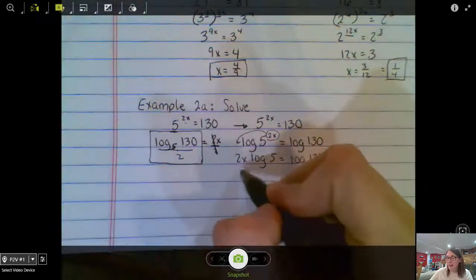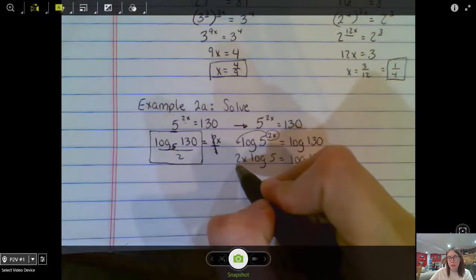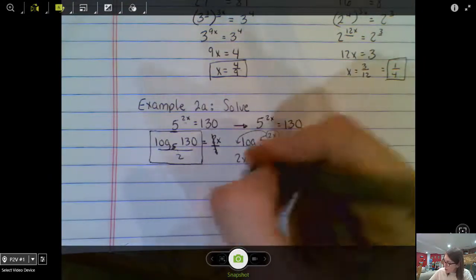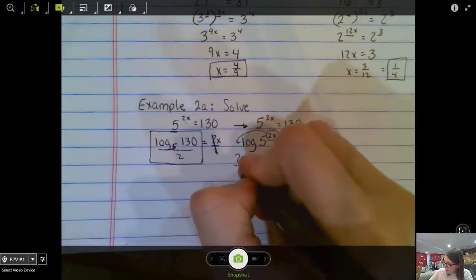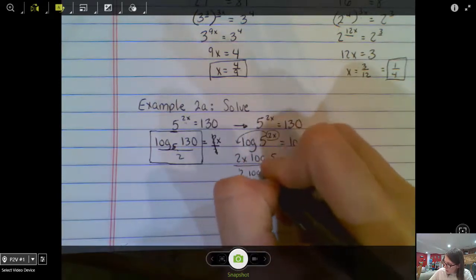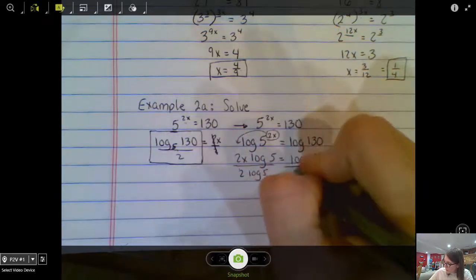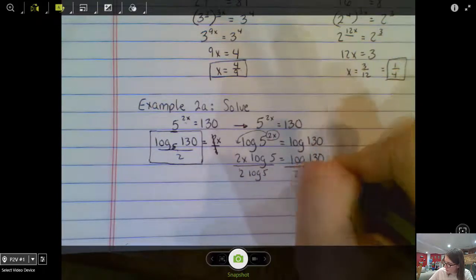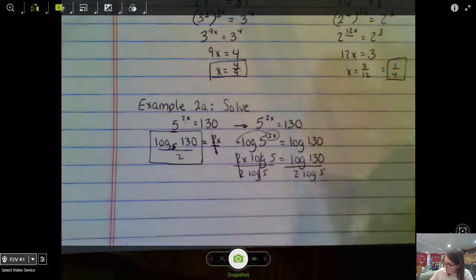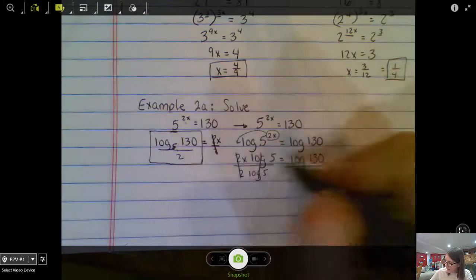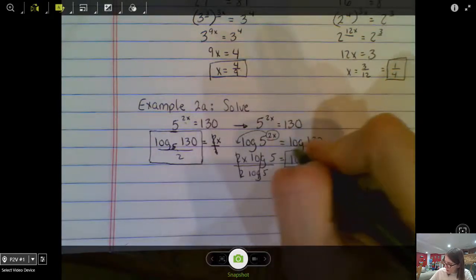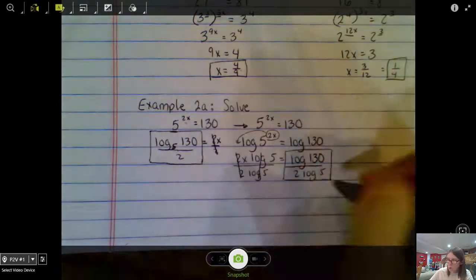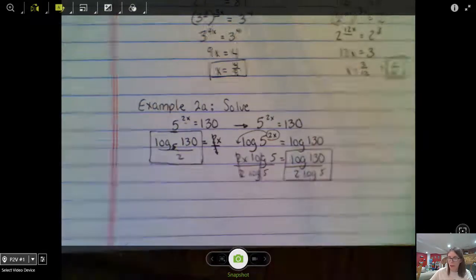I need to get x by itself on this left side, so that means I need to get rid of the 2 and also the log of 5. Divide both sides by 2 log 5. So x equals the log of 130 over 2 log 5 is another option.